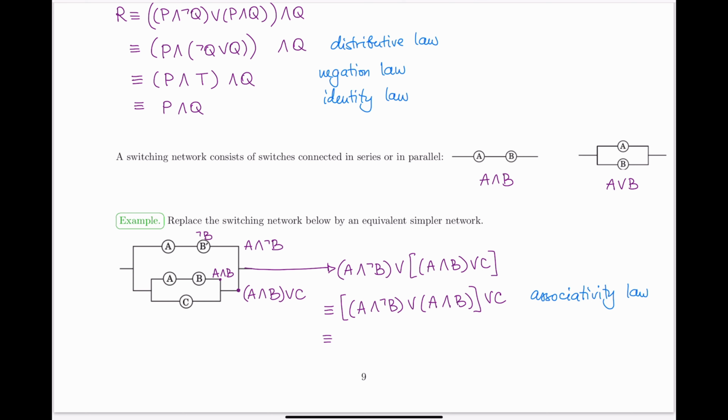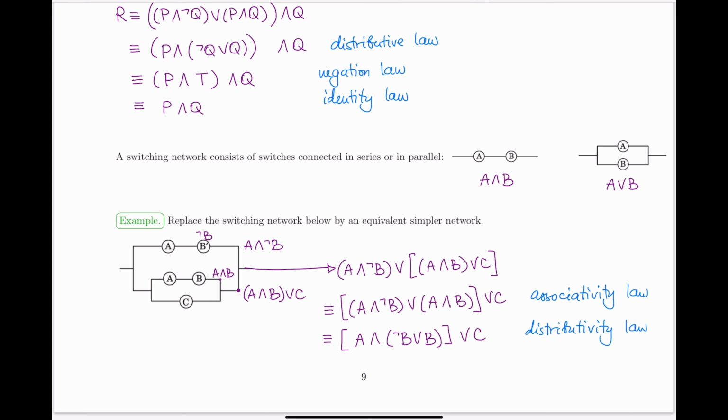It was a different network, but apparently follows similar rules as this one. So I can use distributivity law to factor out my A and end up with not B or B or C on the outside. So this was the distributivity law applied in the less familiar opposite direction.